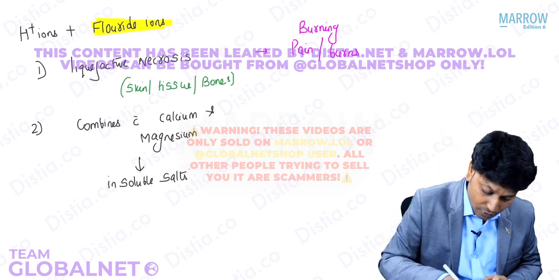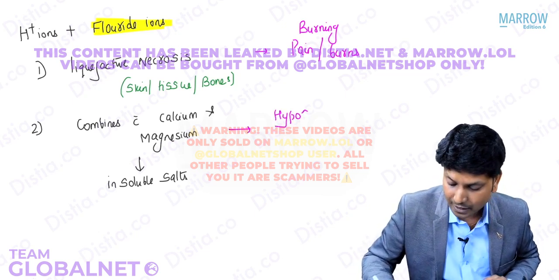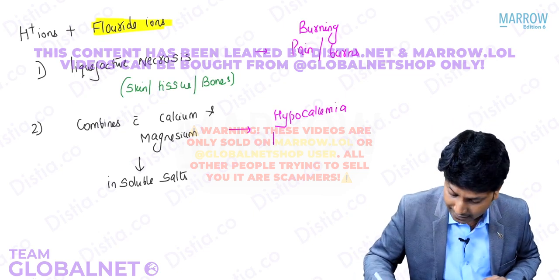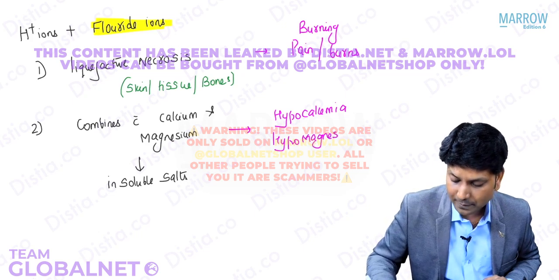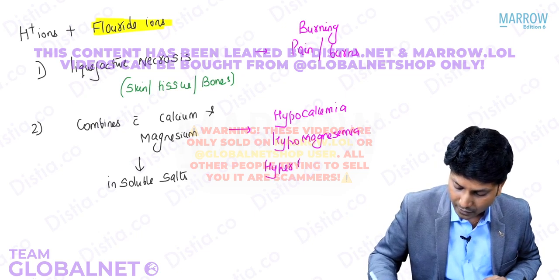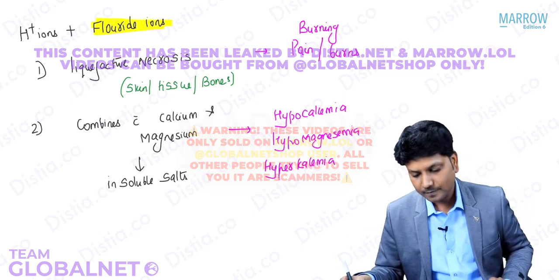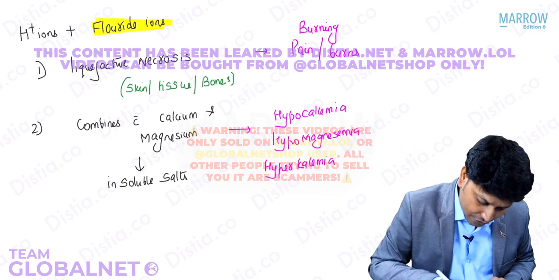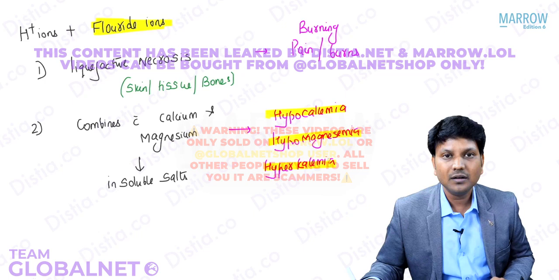Because of this, do remember the patient can present with hypocalcemia, hypomagnesemia, and also hyperkalemia. These are the three important electrolyte disturbances that you will notice in this patient. Hypocalcemia, hypomagnesemia, hyperkalemia. This is so very important.